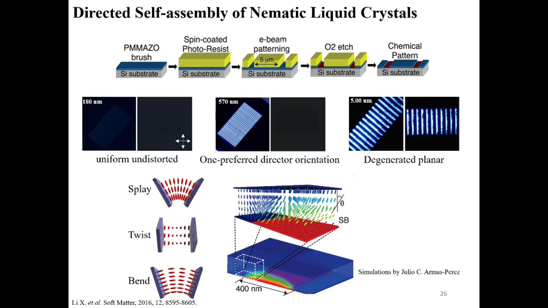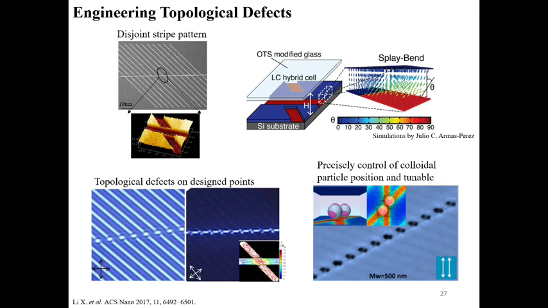Or if above this range, it will be degenerate planar, which means there is a loss of control of the preferential orientation. So with this information, we further designed a pattern with 45-degree intersecting but non-touching lines. In the areas where two lines come close to each other at the joint point, a slightly distorted area is generated, which we refer to as a point topological defect.